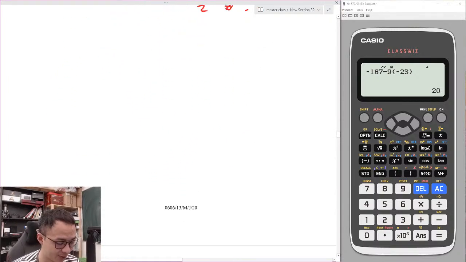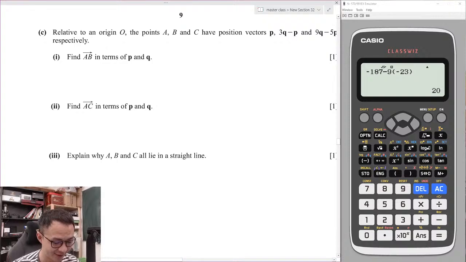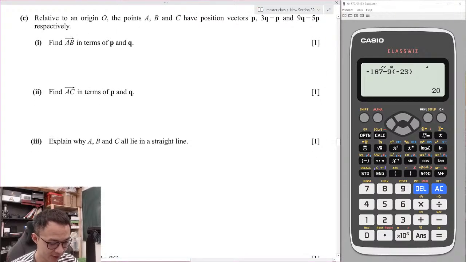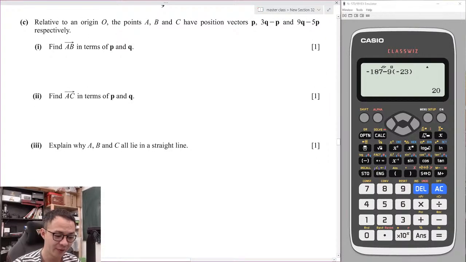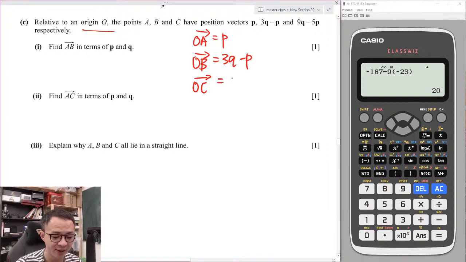Alright, so I will just move on to the next one, part C. Okay, relative to the origin O. Whenever you see position vector, that means it must start with O. Over here they tell you OA is P, and OB is 3Q minus P, and OC is 9Q minus 5P.